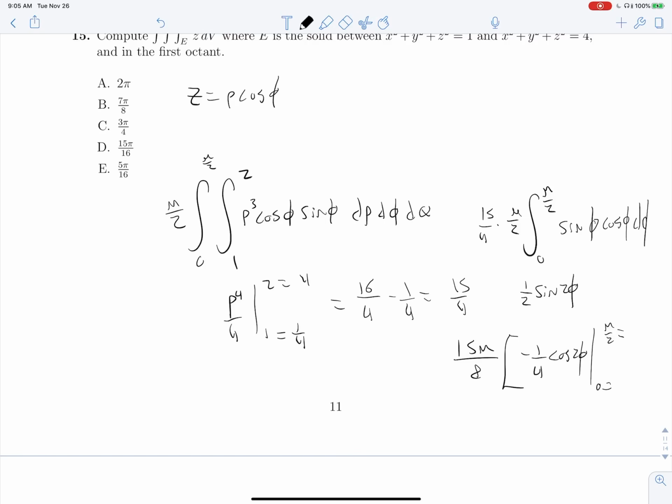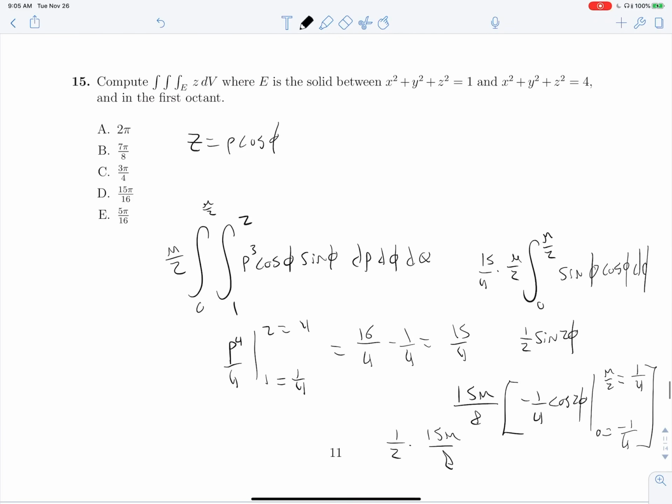This is going to give us, let's see, cosine of pi is going to be negative 1, so this is 1/4, and this is negative 1/4, and so overall in here we got 1/2, so 1/2 times 15 pi over 8 is 15 pi over 16.